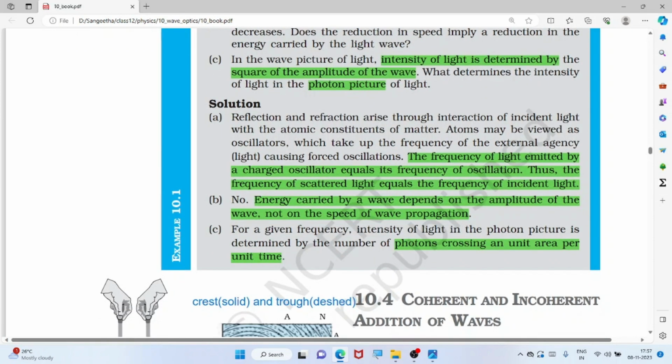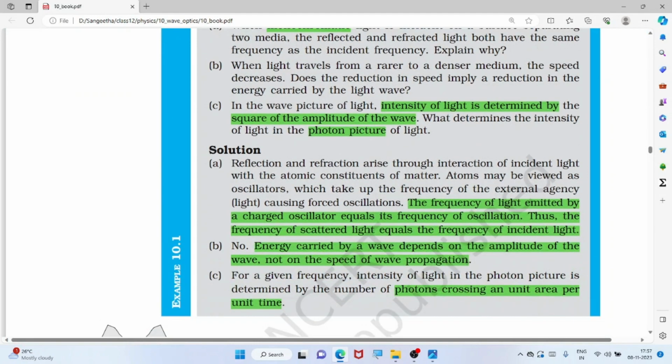No. The energy carried by the wave depends on the amplitude of the wave, not the speed of the wave. In the wave picture of light, the intensity of the light is determined by the square of the amplitude. Amplitude square is the intensity.